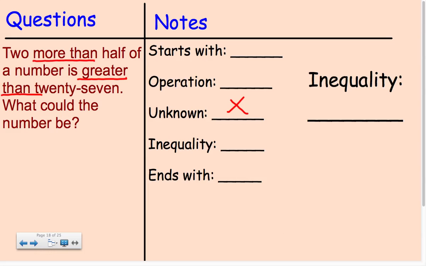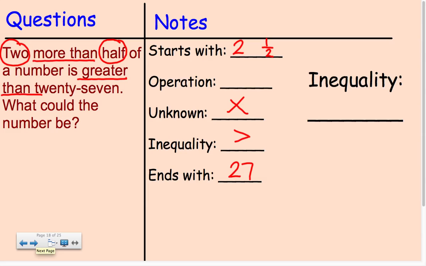Greater than 27 is our inequality and our ends with, because 27 is our biggest number. So 2 more than half of a number. So 2 is one of the starts with numbers. And then half of a number, half would be like 1/2.